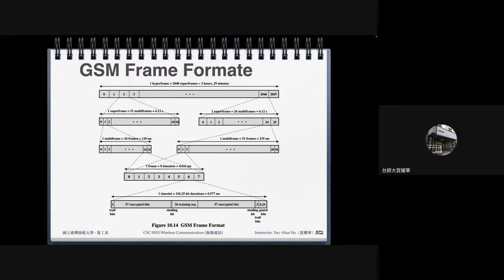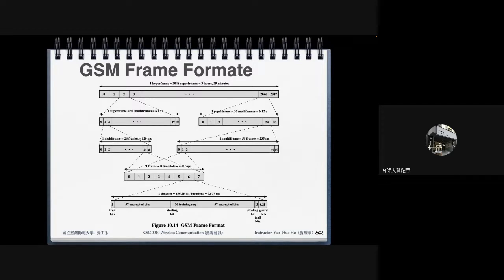Usually in the cellular network, every piece of data is a frame. Each of those frames is broken down into a hierarchical structure. You will have one hyperframe. That one hyperframe includes 2,048 superframes. The total of one single hyperframe is roughly 3 hours 29 minutes long.